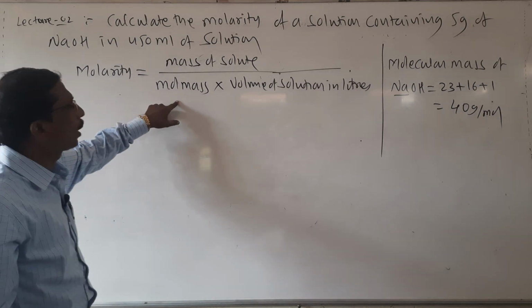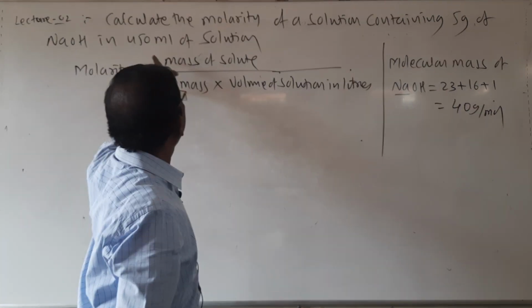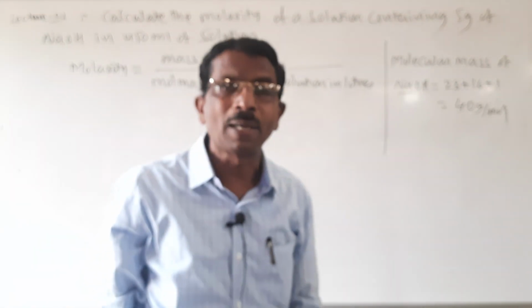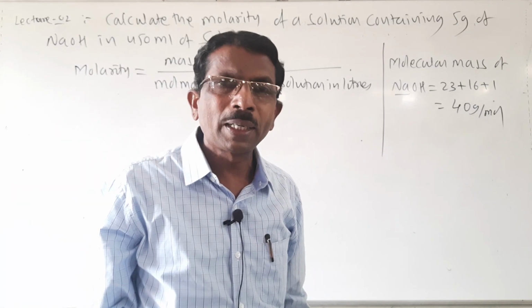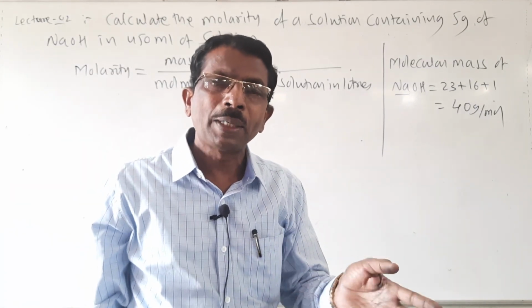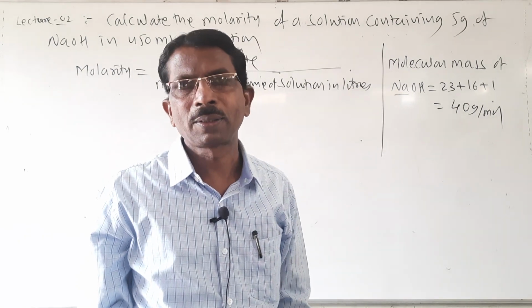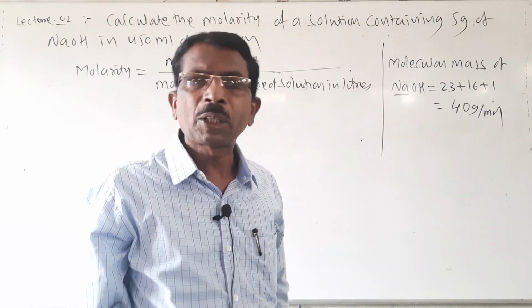So write molecular mass and volume of solution in liters. Here it is given as 450 ml, so ml should be converted into liters. So it is divided by 1000.